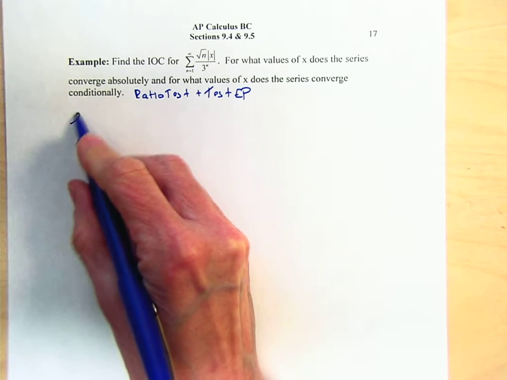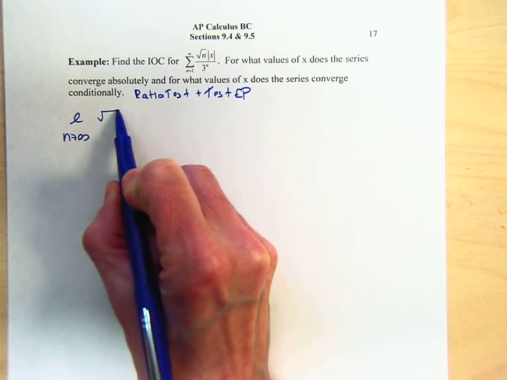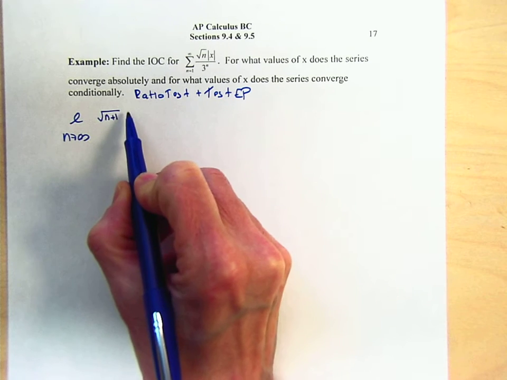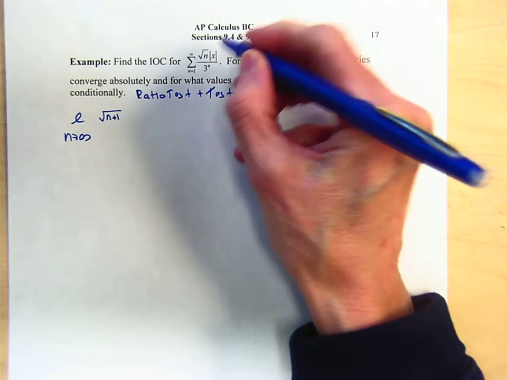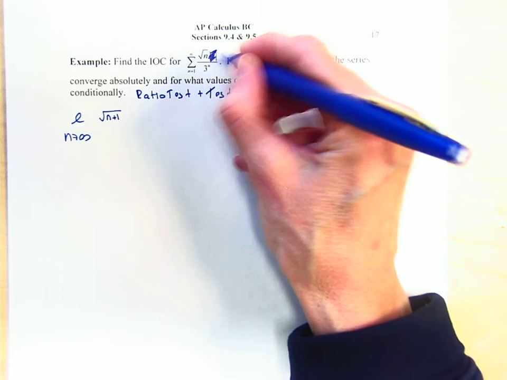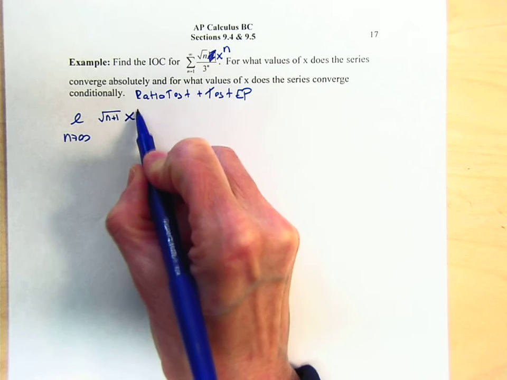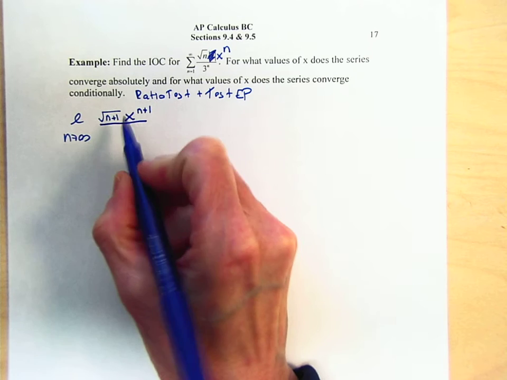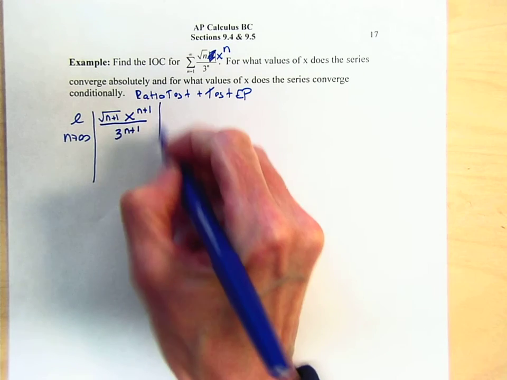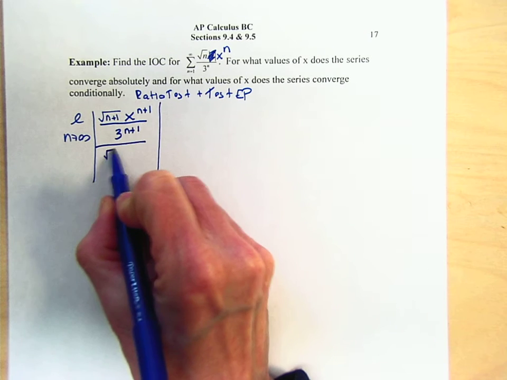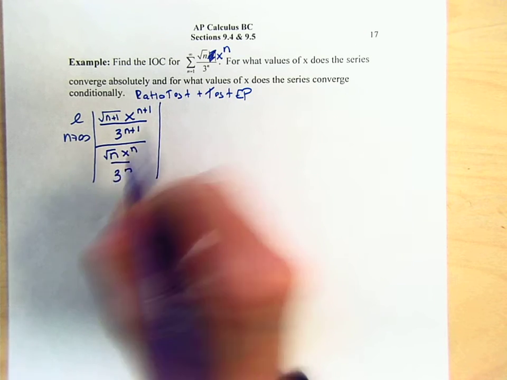Okay, so we're going to take the limit as n goes to infinity of the square root of n plus 1, the absolute value, oh no, actually this is supposed to say, replace this with x to the n. That is written incorrectly. x to the n plus 1 all over 3 to the n plus 1, divided by the original, square root of n, x to the n, 3 to the n.